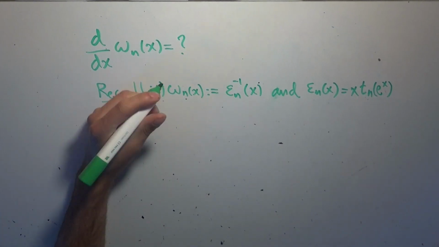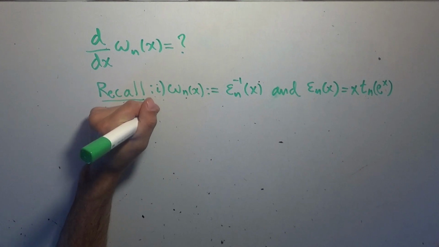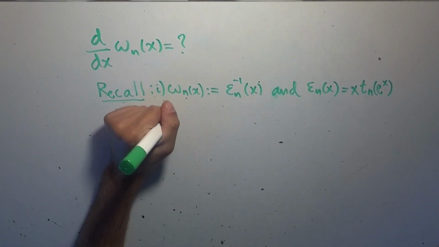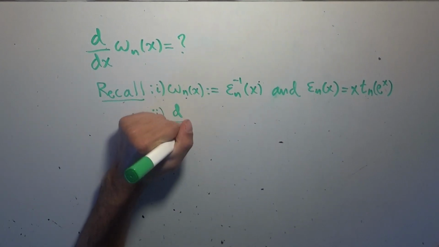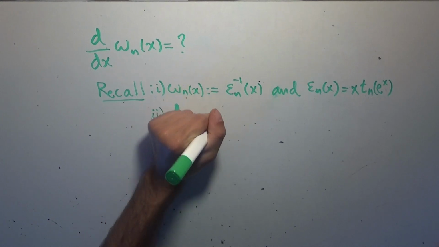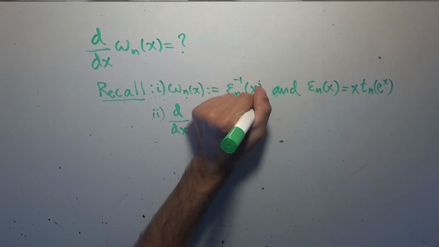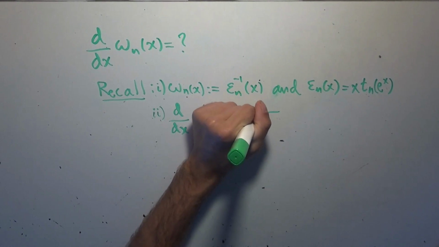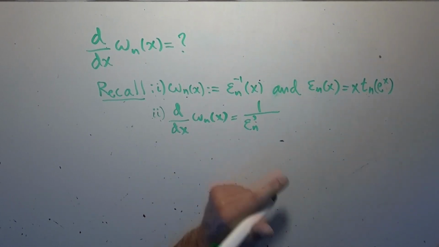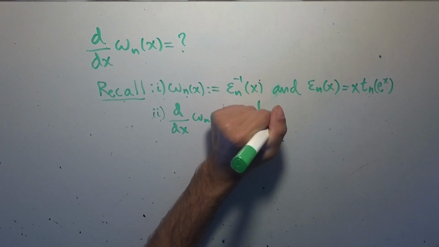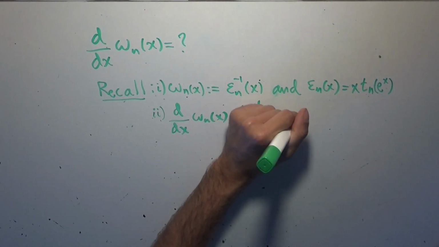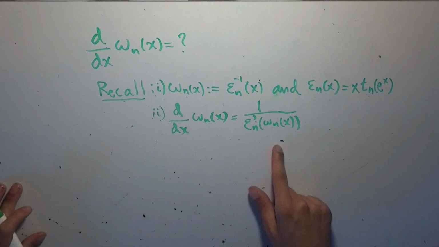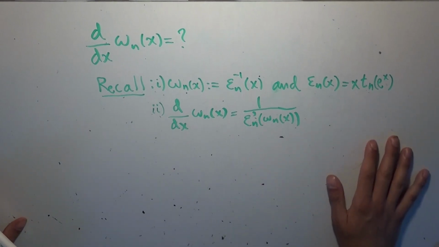And the other fact to know is that because they're inverses, this is how the derivative works. So we know that the derivative of this omega function is, at the very least, going to be the reciprocal of the derivative of the inverse of that, the nth epsilon function, applied at the nth omega function. Because that is how you take the derivative of an inverse function when you know the derivative of the original function.